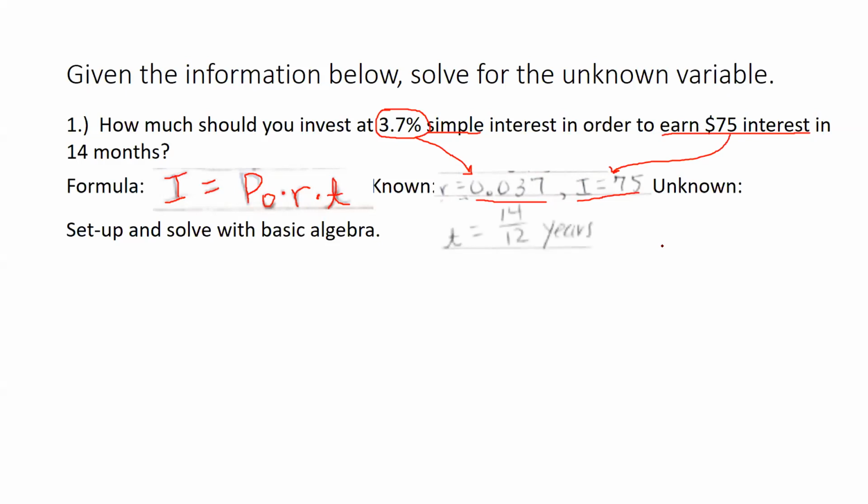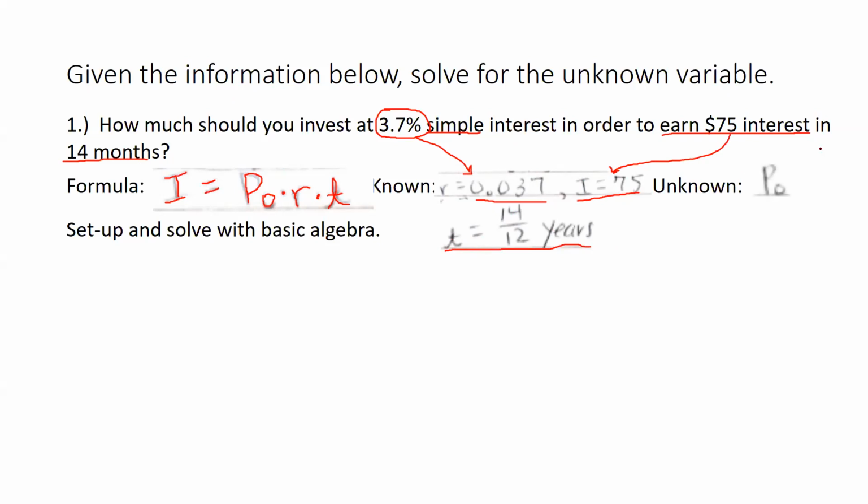Something else we need to consider: 14 months, simple interest is gathered annually. Okay, so what we need to do here is figure out how many years is 14 months. So 14 months divided by 12 months in a year, that's going to give us the number of years. In the notes, we had talked about how you may need to do some dimensional analysis for your t value. This is a perfect example of that.